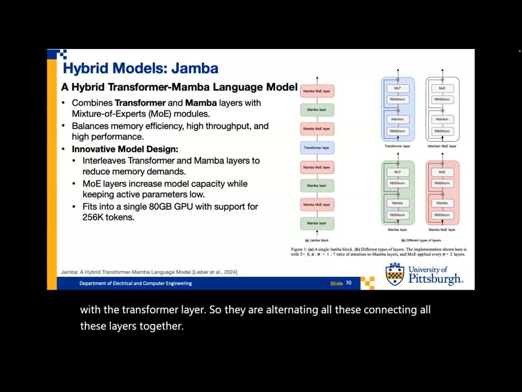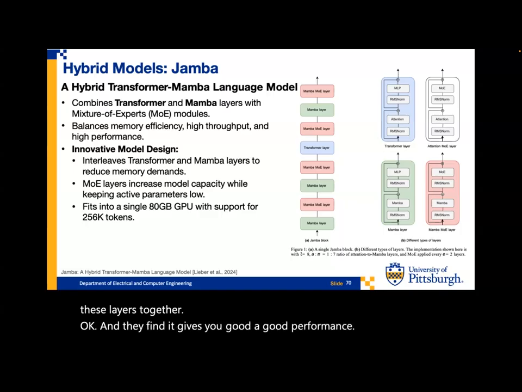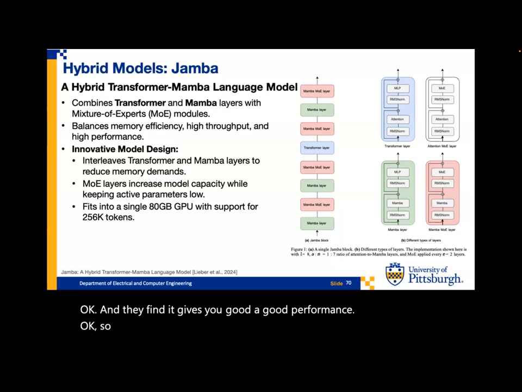Okay, and they find it gives you good performance. So that's how people are trying, instead of just accelerating the transformer, to replace part of the transformer with the Mamba architecture.